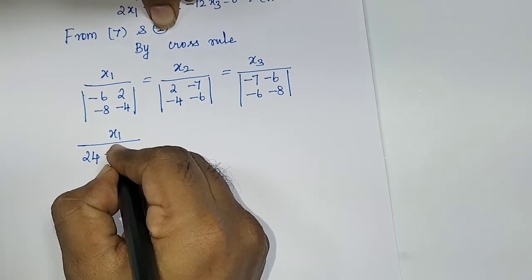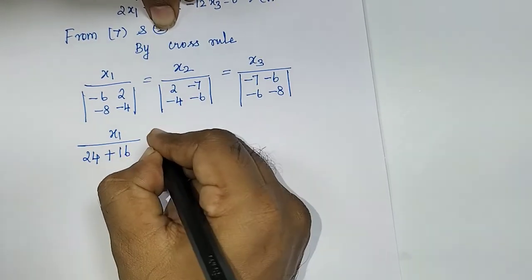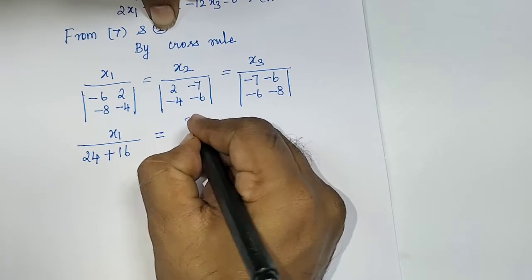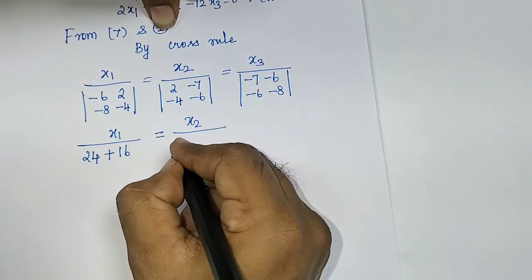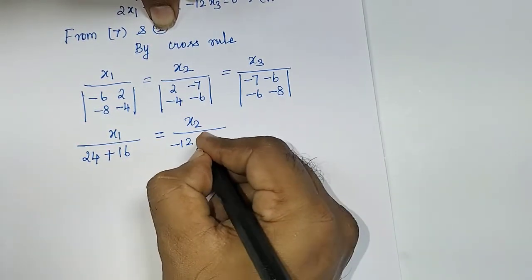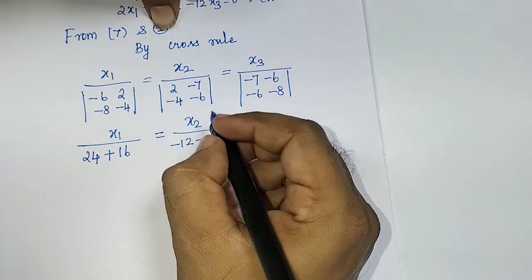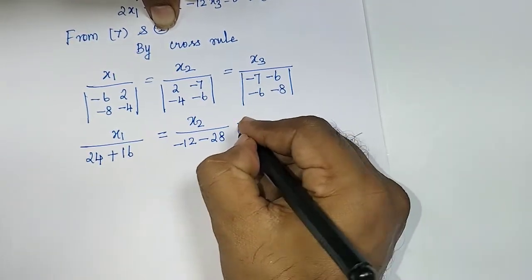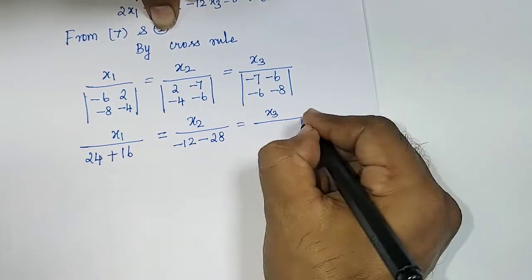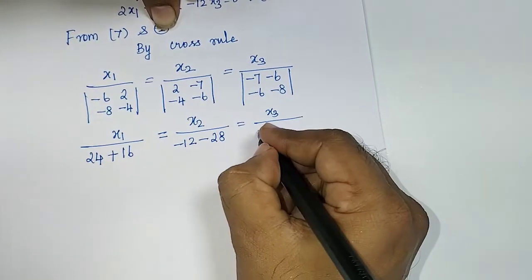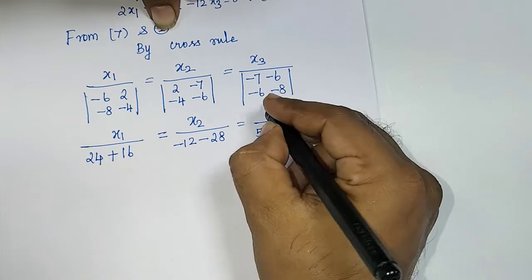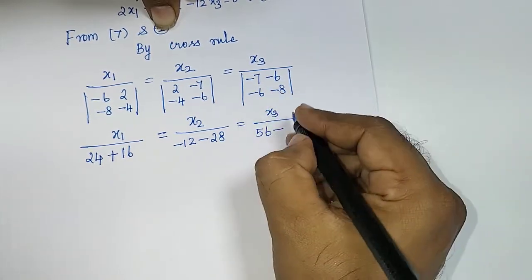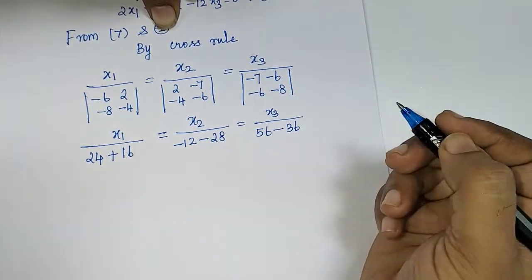So minus plus 16 is equal to x2 divided by 2 into minus 6, minus 12, minus 4 into minus 7, 28, and equal to x3 divided by minus 7 into minus 8, plus 56, minus 6 into minus 6, plus 36.